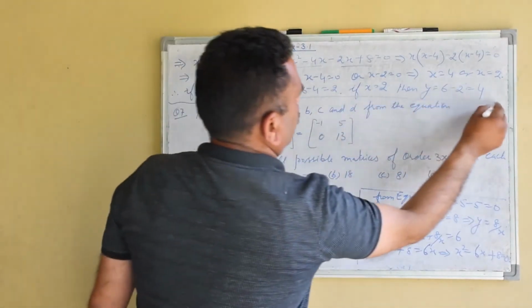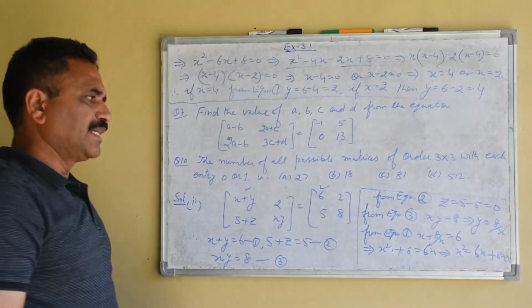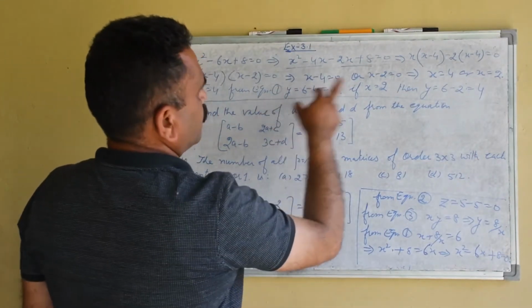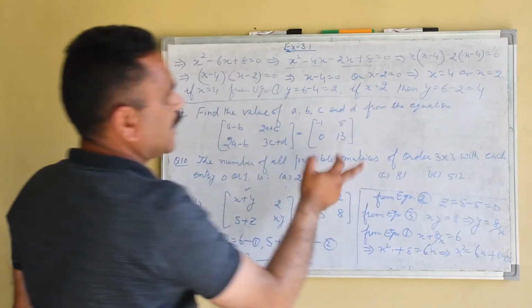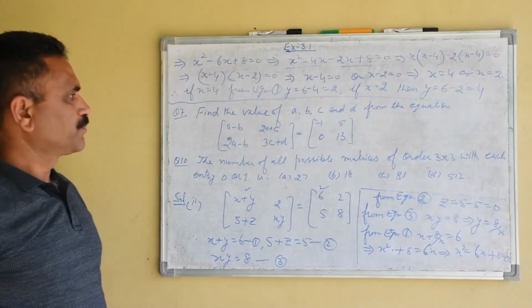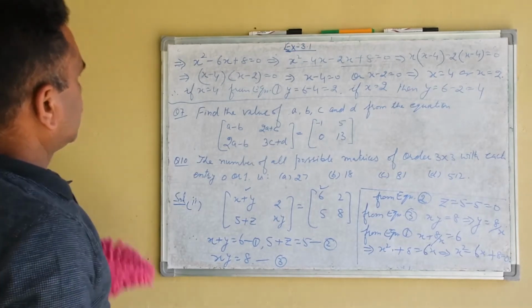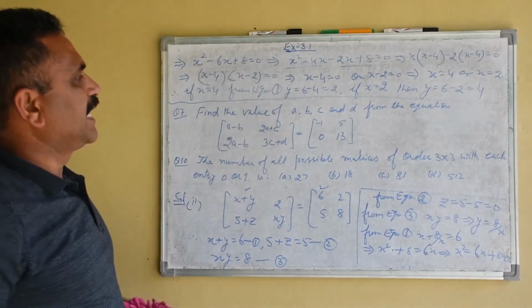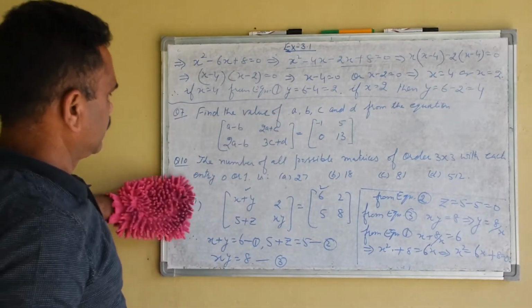So now we got the values of x, y, z. The x values are 4 and 2, the y values are 2 and 4, and the value of z is 0.